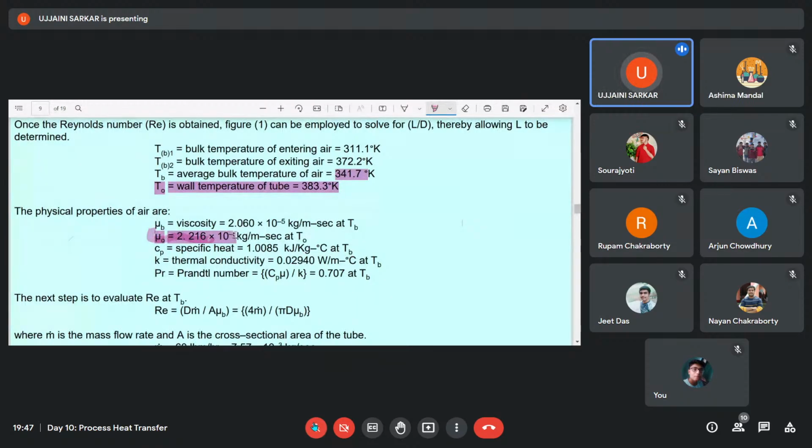The fluid layer touching the inside wall will be at the wall temperature.